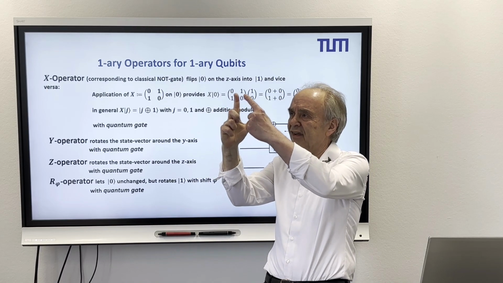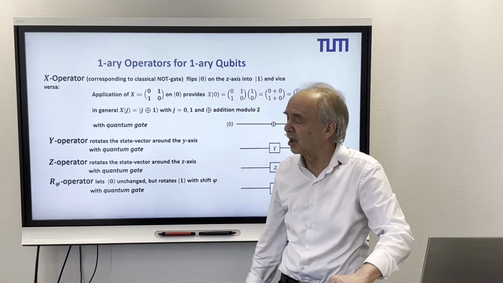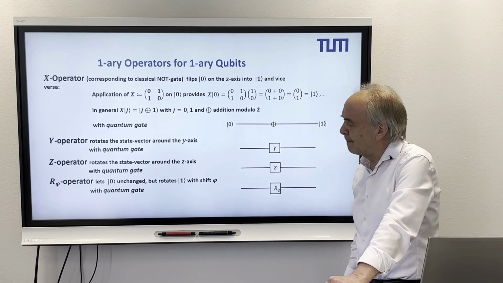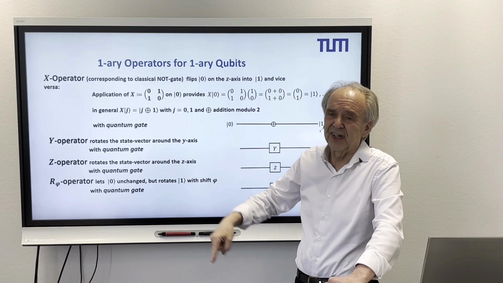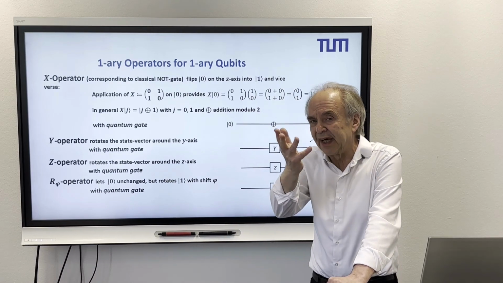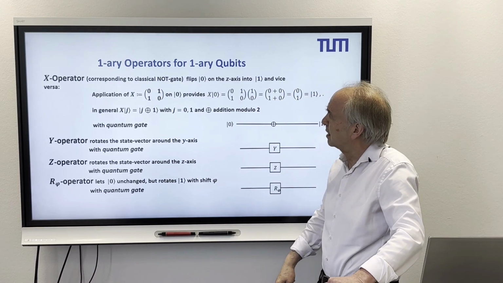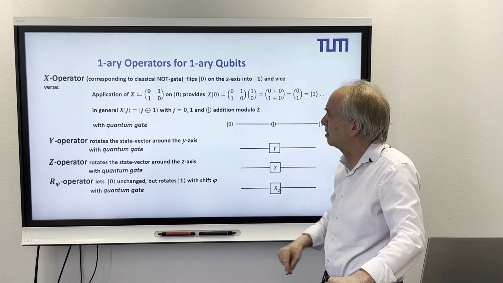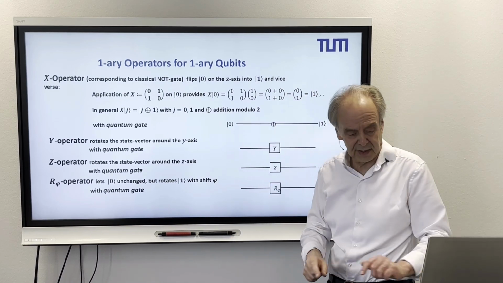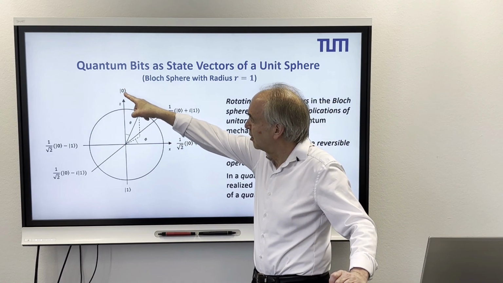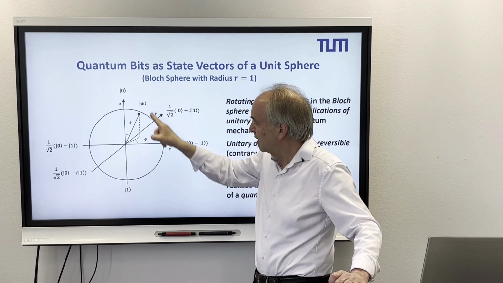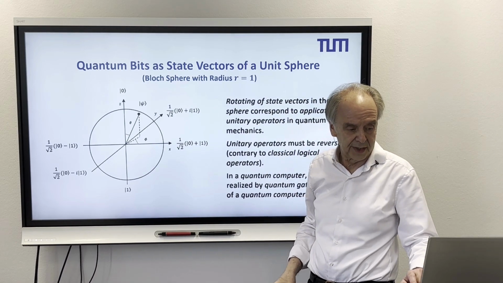You remember the coordinates which I introduced to define Bloch spheres. The X operator is very simple. It relates to the classical NOT gate, negation, and it is a flip-flop. Here it means the operation jumping from one pole to the other, 0 and 1.